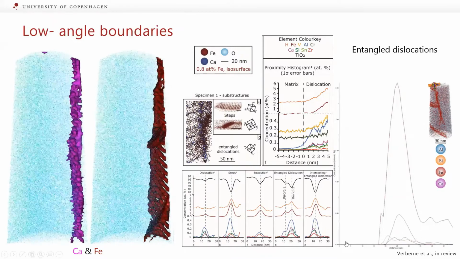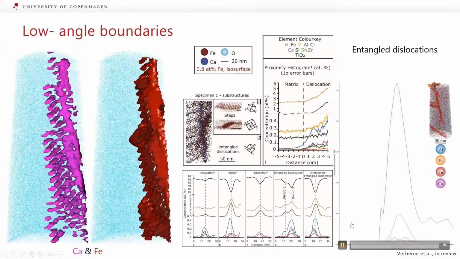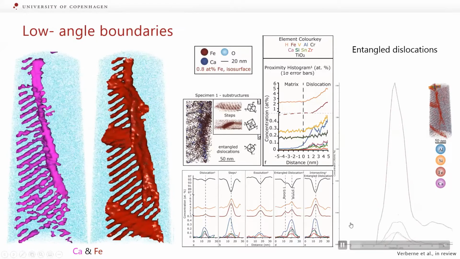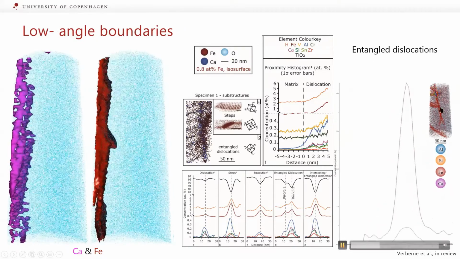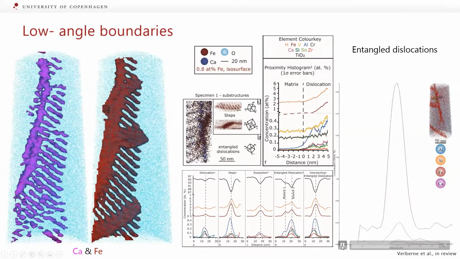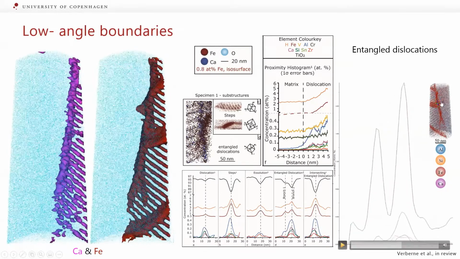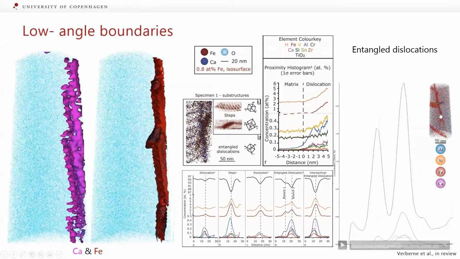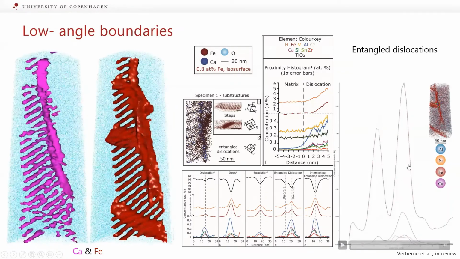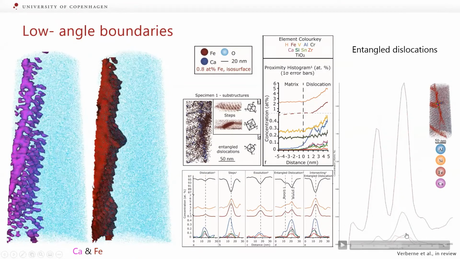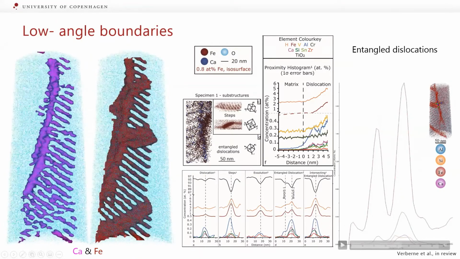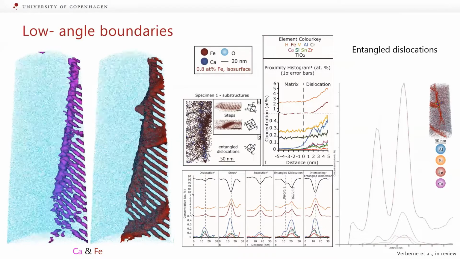We can also see that the calcium is in some of the branches along here, and so you can make a video in IVAS. What you see here is that when we go along these entangled boundaries, the iron peak is still high, but the calcium is only located in one. So this is all information that you can extract from that image.